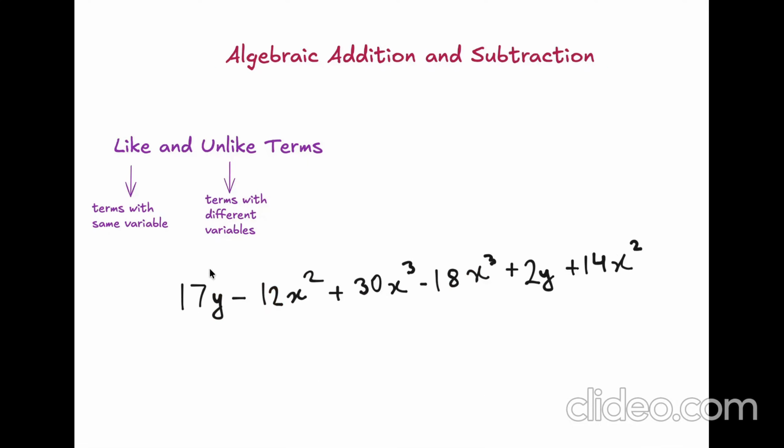Okay, let's try a final question. First thing would be to rearrange this question so we have like terms together and unlike terms at the side. So, okay, y. I spot another y. There's x squared, and x cubed.